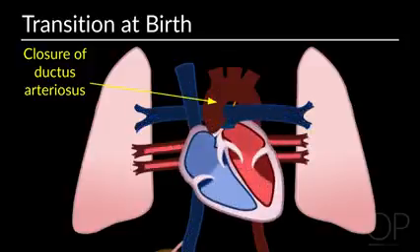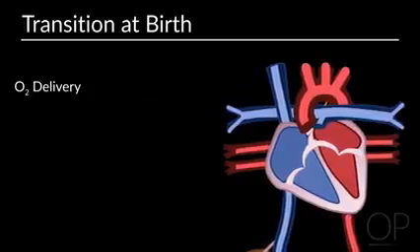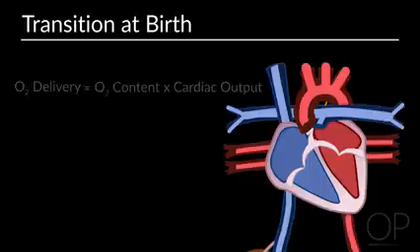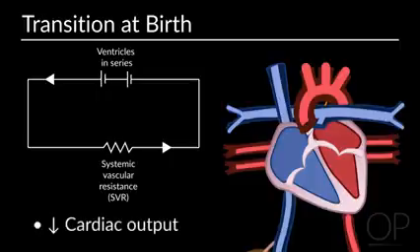So now the delivery of oxygen to the peripheral tissues is mainly dependent on the oxygen content of blood with respect to the cardiac output, because the right and the left ventricle are now working in series, and there is a slight decrease in the cardiac output of the newborn.